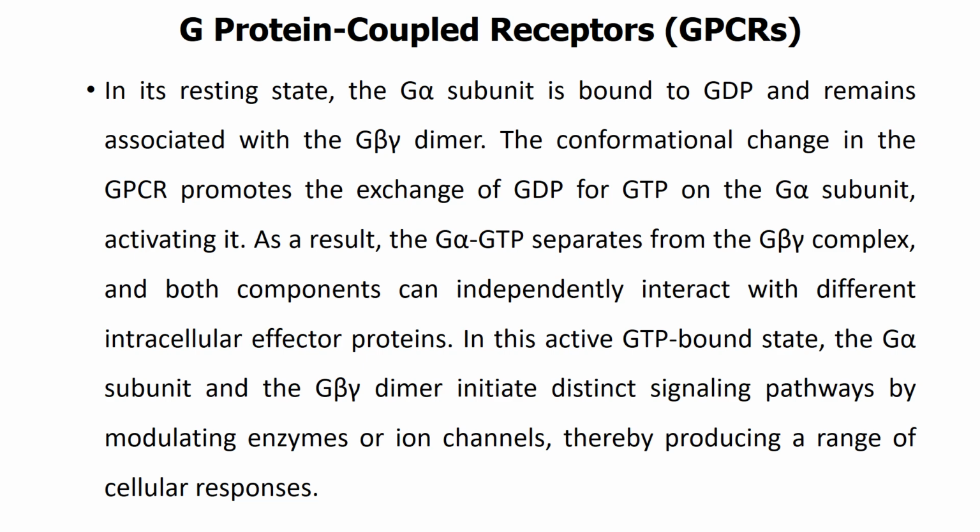This conformational change in the GPCR promotes the exchange of GDP for GTP on the G alpha subunit, thereby activating it. As a result, the G alpha GTP separates from the G beta gamma complex, and both components can independently react with different intracellular effector proteins.